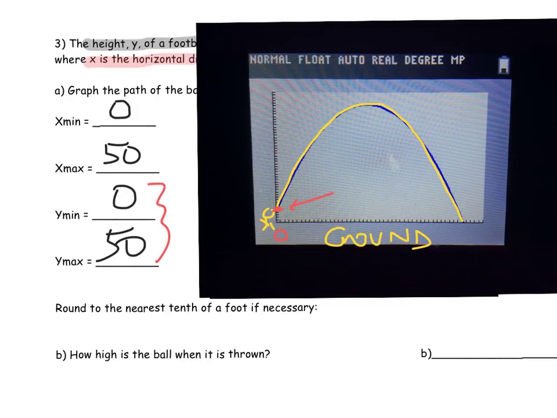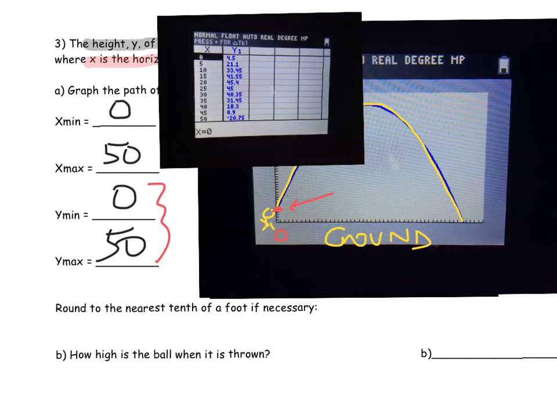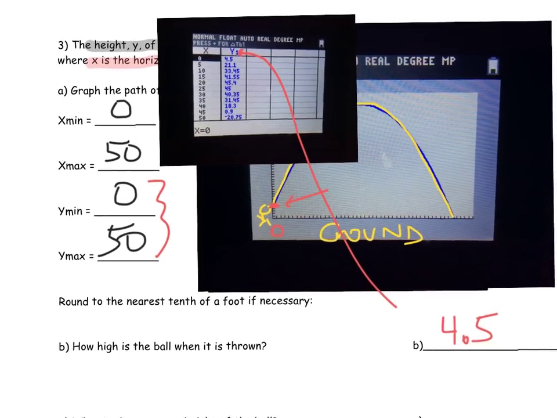When the horizontal distance is 0, it hasn't started traveling yet, but that's the height of the ball when it's thrown. So all I'm going to do is go to my table and use the value when x is equal to 0. And here we go. When the horizontal distance is 0, the height of the ball is 4.5 feet.